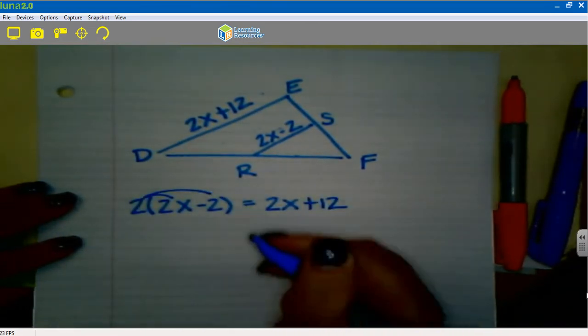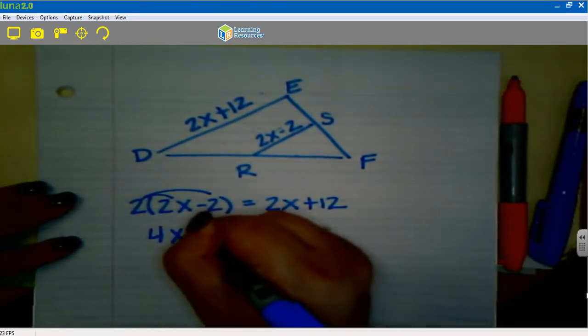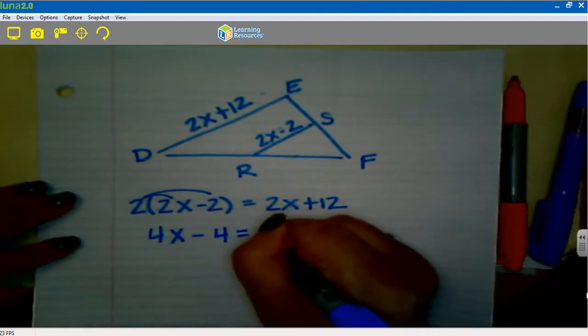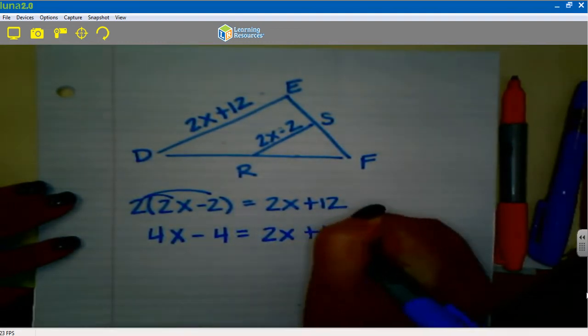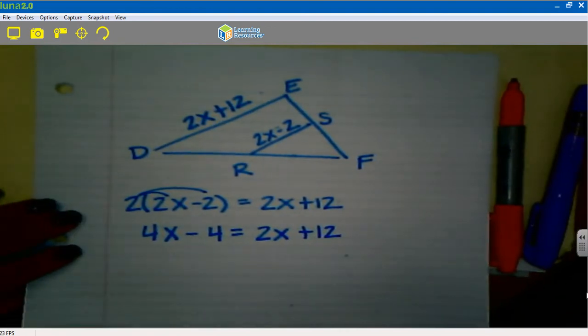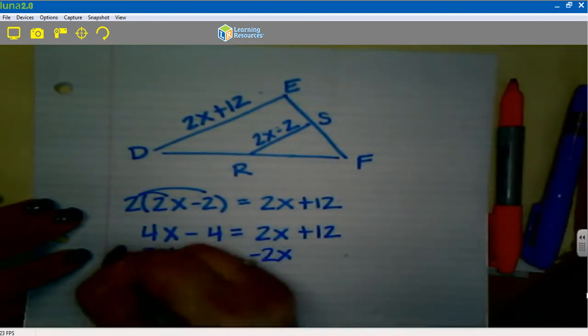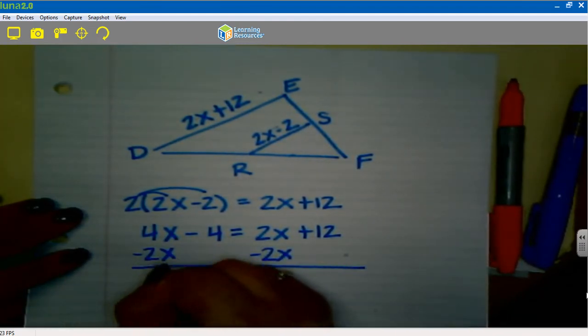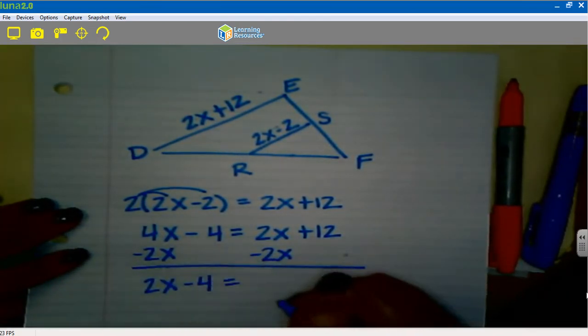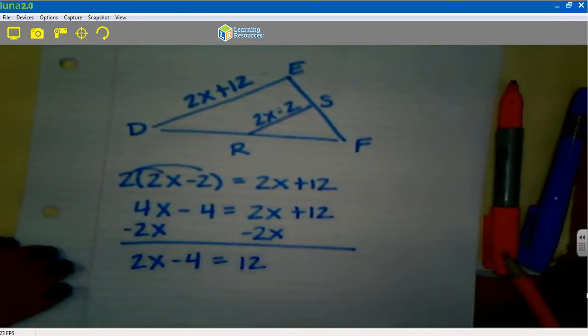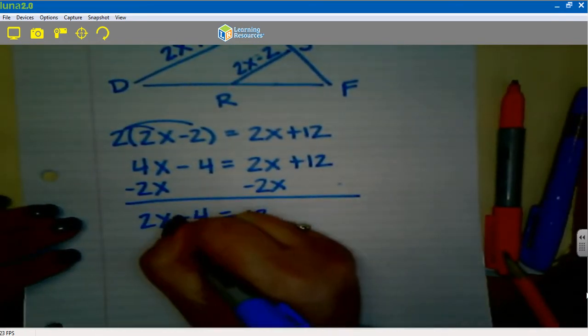So to solve, we're going to distribute. Then we're going to subtract 2x. Add 4 to each side.